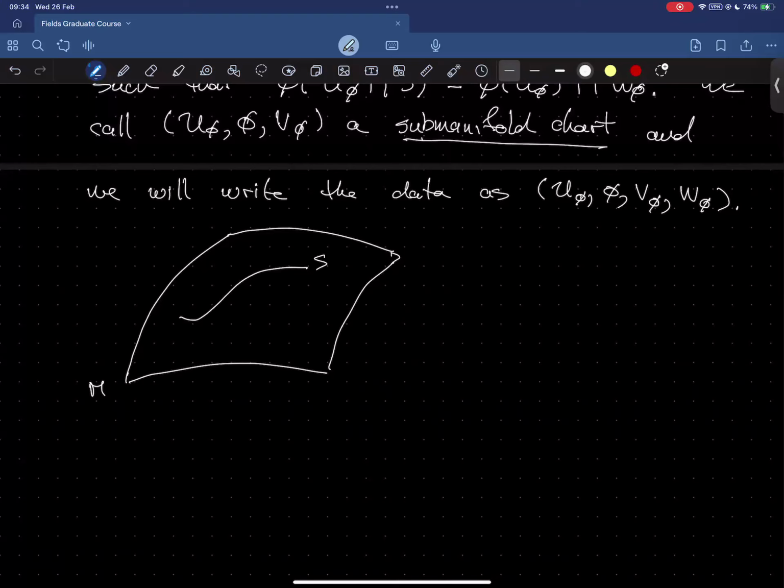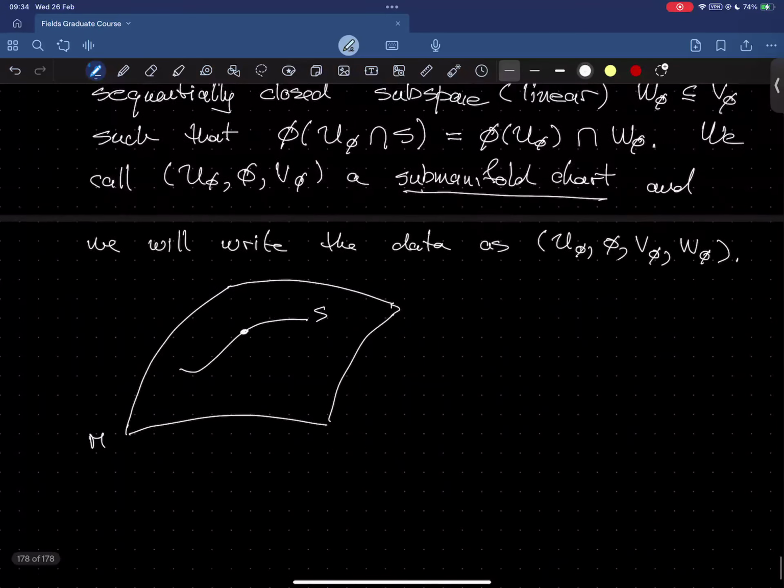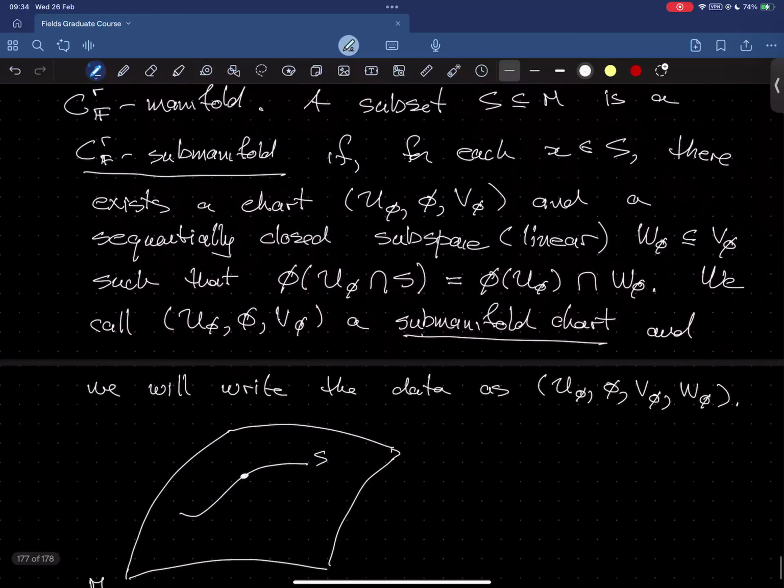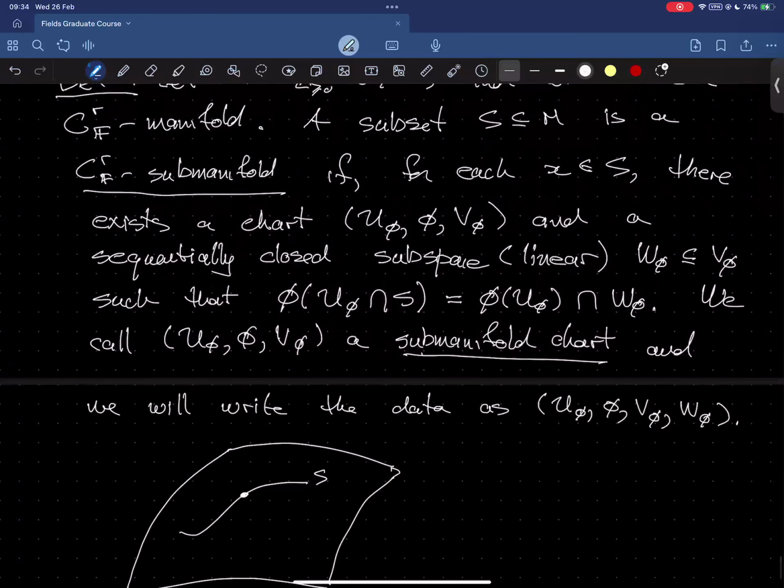So this is S. According to my definition, I take a point X in S. Oh, and I didn't say it, although it's always so: X, of course, has to be in U phi. So it's a chart about X.